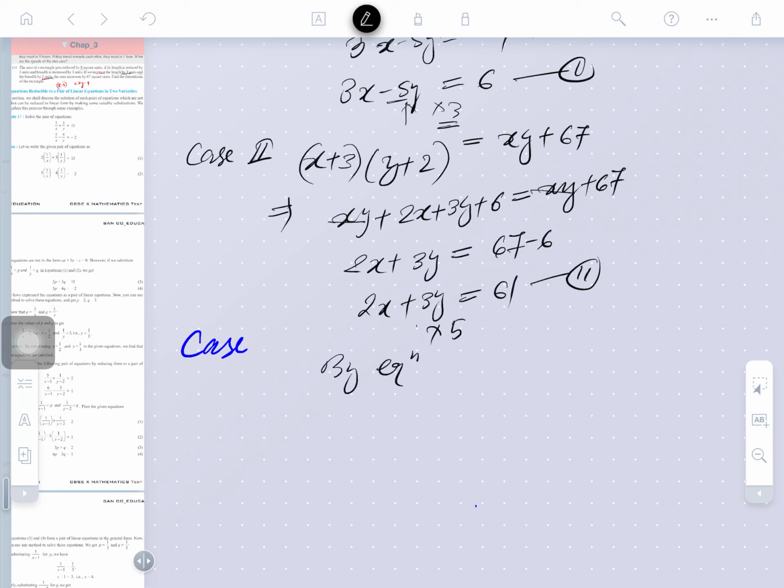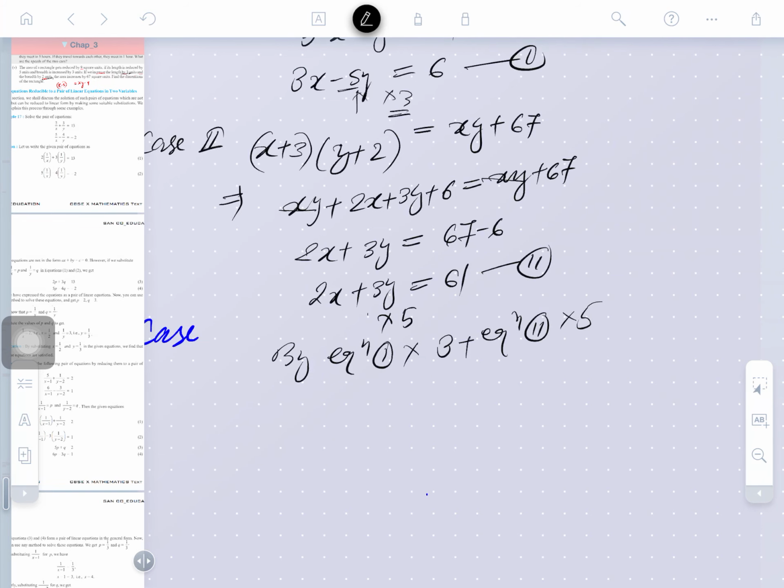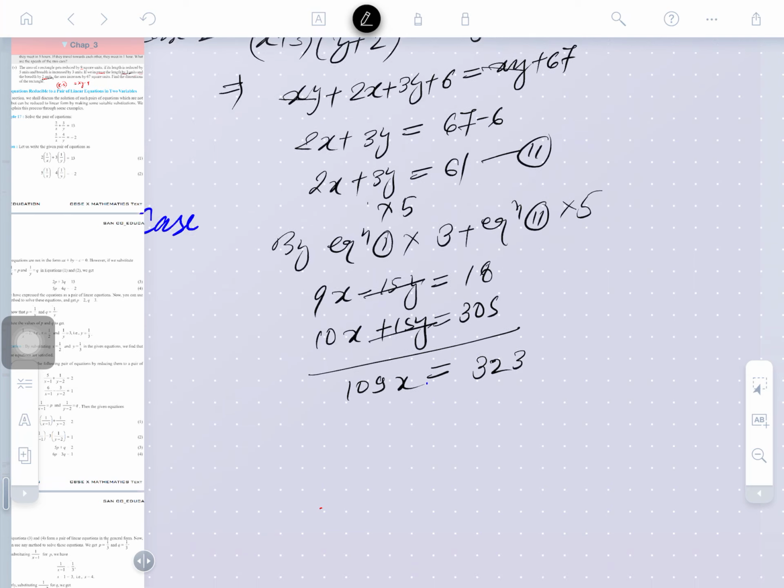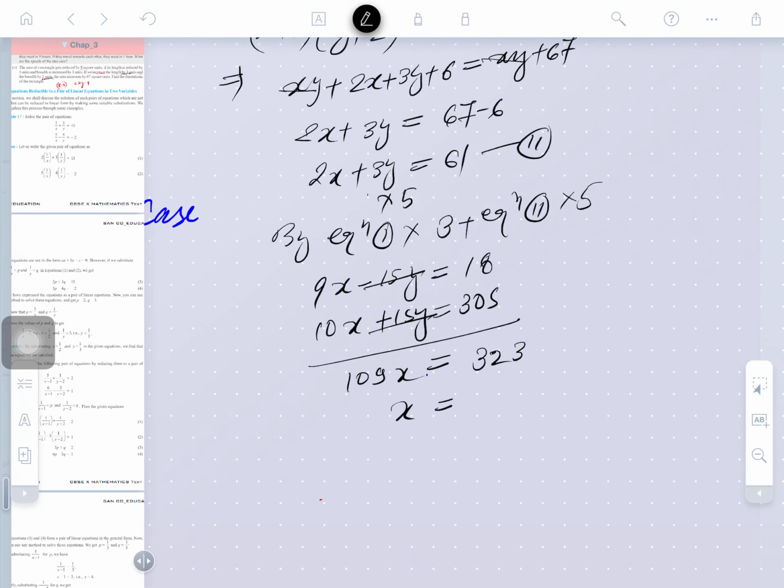So your command will be equation 1 multiplied by 3 plus equation 2 multiplied by 5. 3 3s are 9x, 3 5s are 15y, 3 6s are 18, and 5 2s are 10x, 5 3s are 15y, 5 1s are 5, 5 6s are 30, and y cancels. It's 19x is equal to 323.